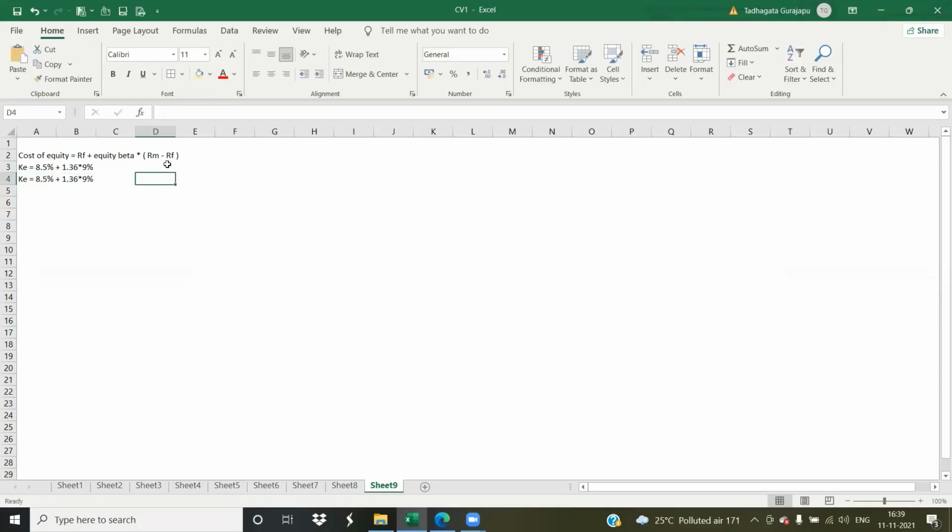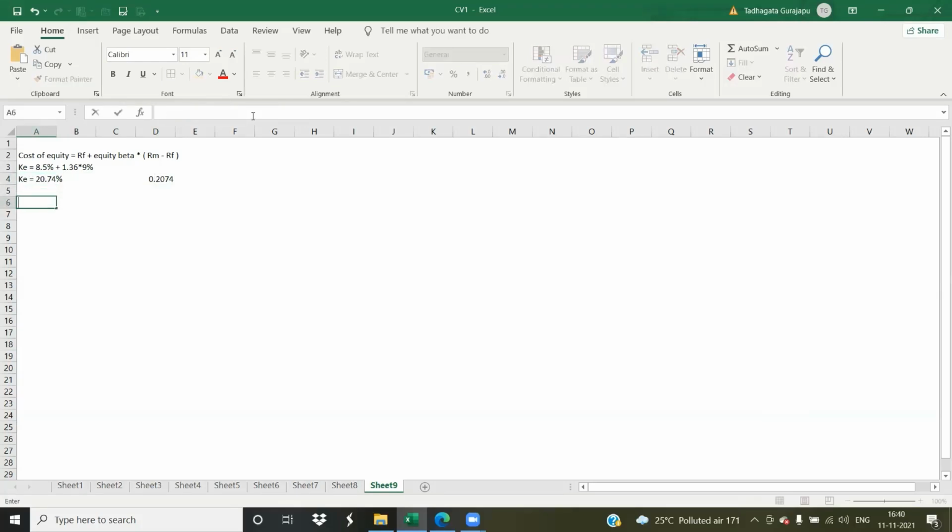So what is the answer? 8.5 plus 1.36 into 9%, right? So it is 20.74%. So KE is equal to 20.74%, right?